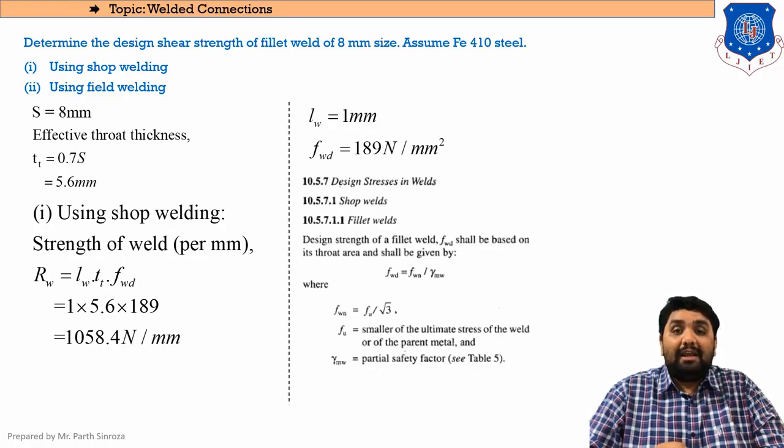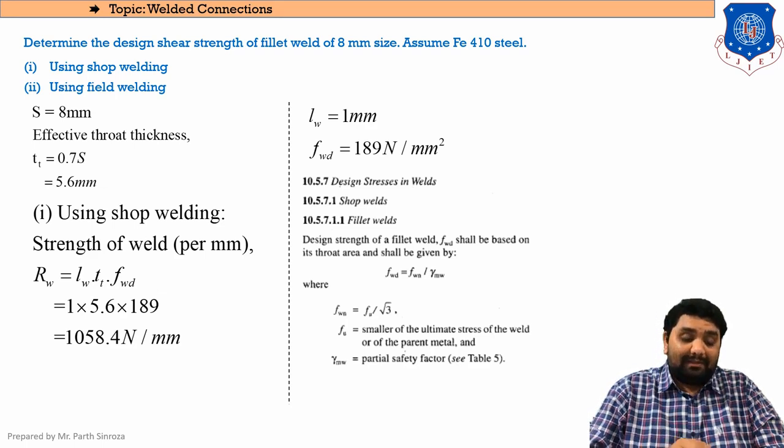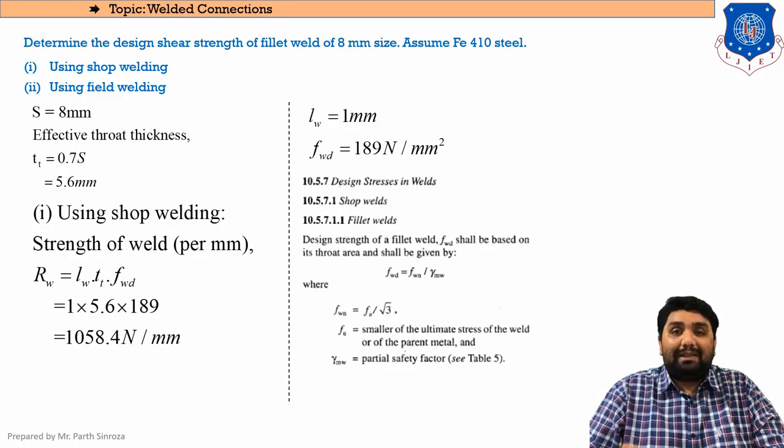So applying these cases we get the value 189, and solving this we get strength equal to 1058.4 Newton per mm. We are just finding the strength per mm in this case. Clear? If the total length of weld was given in question, then the final answer will be this value multiplied by our total length. Clear? But in this case we are not concerned with our length, so the final answer will be in Newton per mm, that is force per unit length.